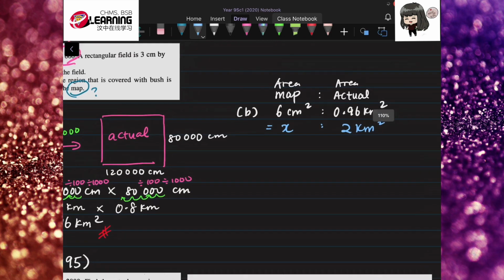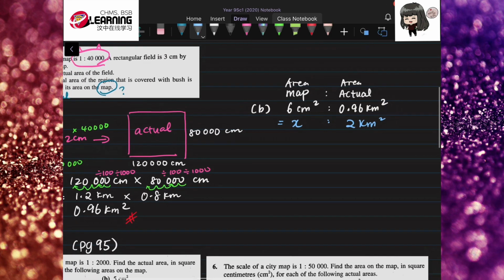So now we can cross multiply here, right? Because this kilometer square and kilometer square is the same unit. Since it's the same unit, you can cross multiply already. The answer that we found will be the same unit as the map, the centimeter square here.